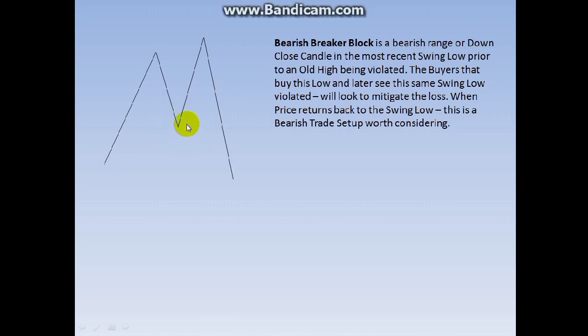The old high being violated right here, like I made mention earlier, is just a potential. This is not considered a breaker block until we have this shift in structure. In other words, this is not viewed as a run on liquidity until we have this market structure shift, because this could just be a high.